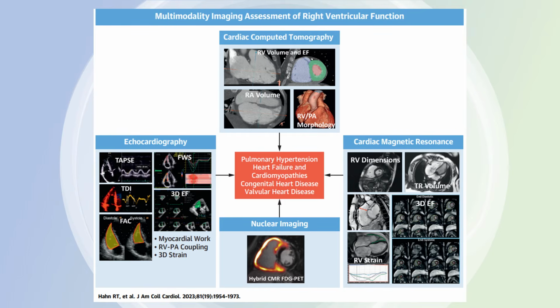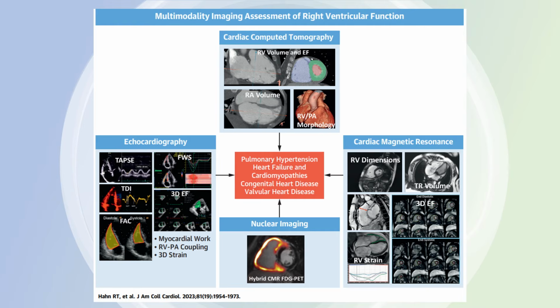Dr. Shah already went over the different pathologies for which RV function evaluation is very important, both that cause RV pressure and volume overload. Some of these are right and left-sided heart failure, pulmonary hypertension, different cardiomyopathies, of course, congenital heart disease and valvular heart disease. And you all know what the echo parameters are that we look for in assessment of RV function.